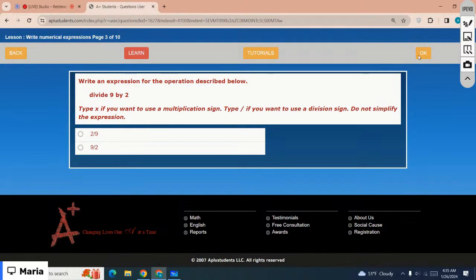Divide 9 by 2. Which is the correct option? The correct option is option number 2.